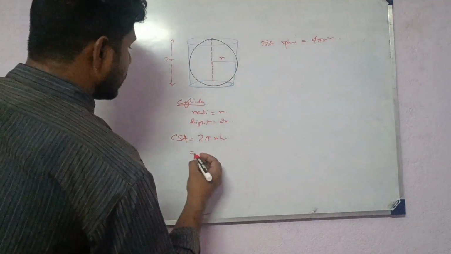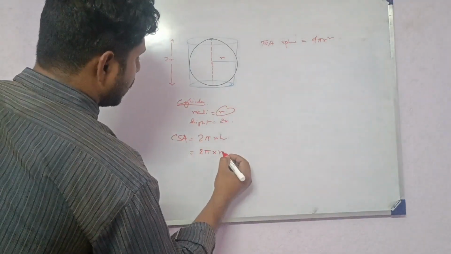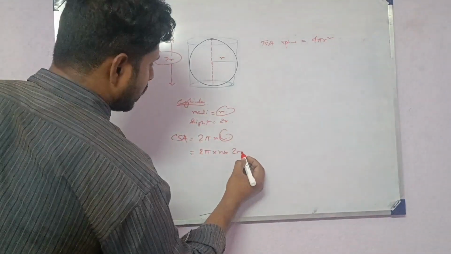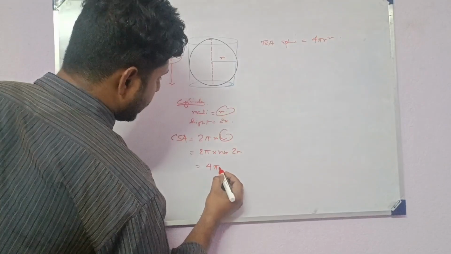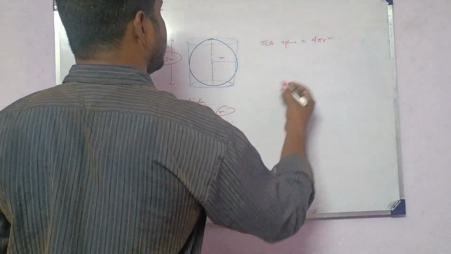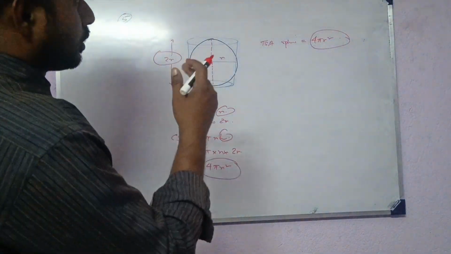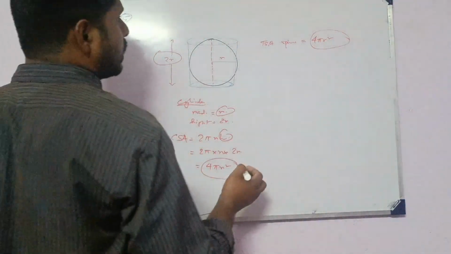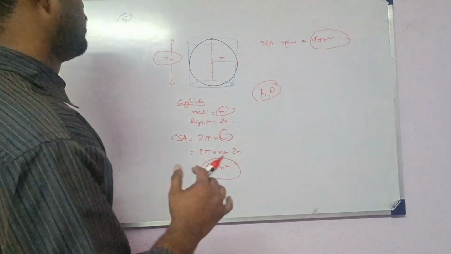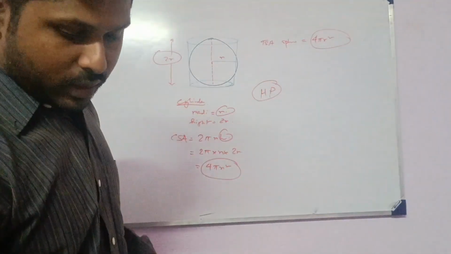So 2 pi r h is 2 pi r, so that is the radius, and h, the value of h is 2r, so that is 4 pi r square. So the curved surface area of the cylinder is equal to the total surface area of the sphere. So they are both equal. Calculation করে দেখতে পেলাম। Hence proved that the total surface area of the sphere is equal to the curved surface area of the circumscribed cylinder.